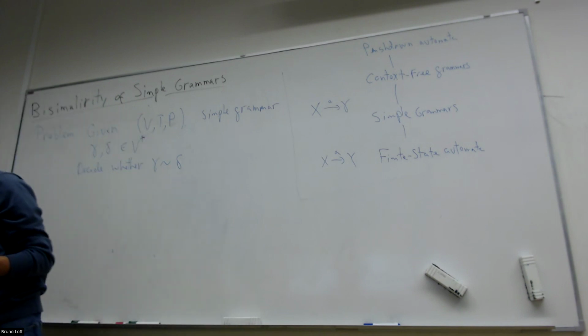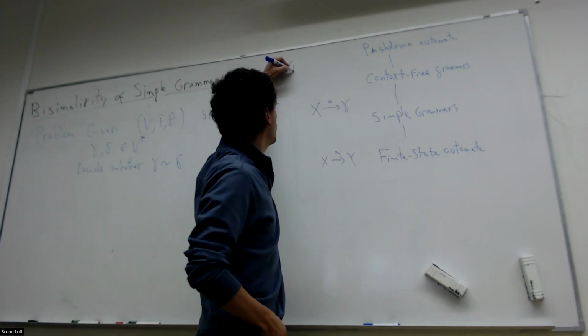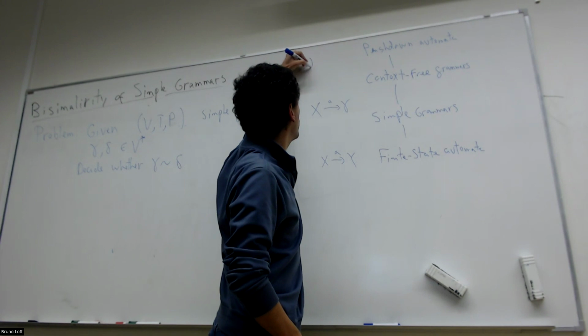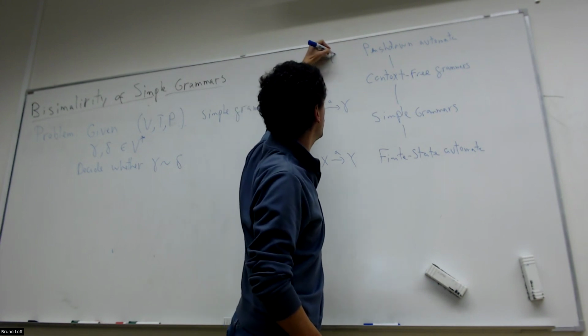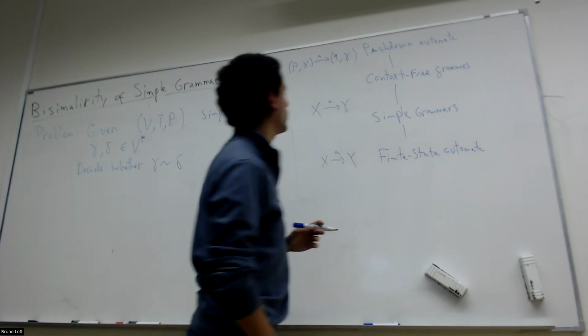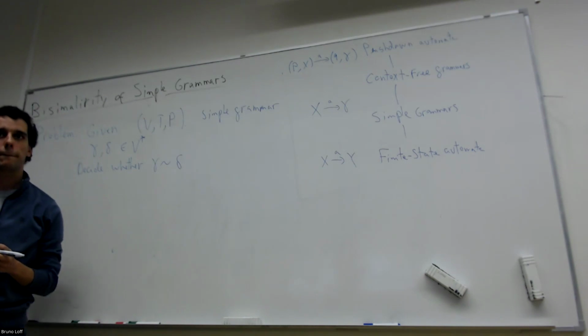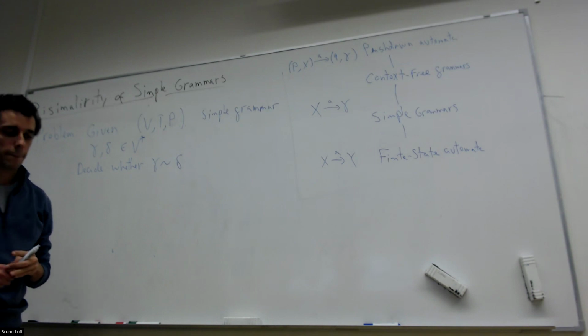So the type of transitions that you have are, you have a state and some symbol at the top of the stack, and then after this transition, you get to some state Q, and you might push something onto the stack.